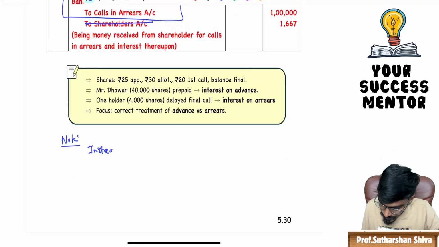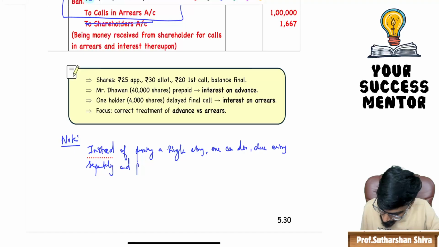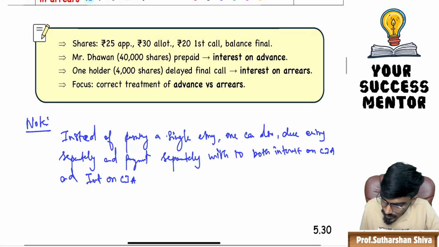Instead of passing a single entry, one can also pass due entry separately and payment entry separately with respect to both interest on calls in advance and interest on calls in arrears individually.